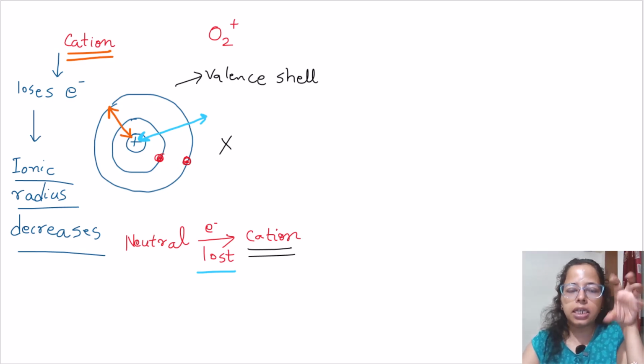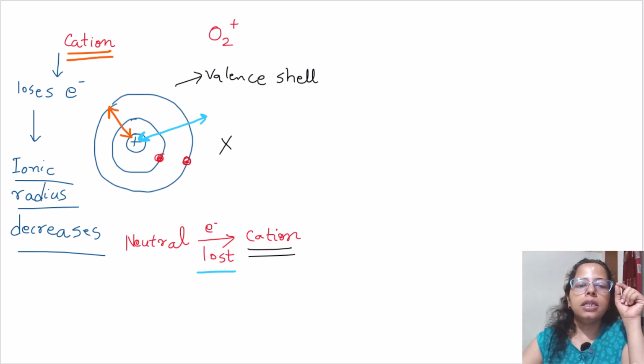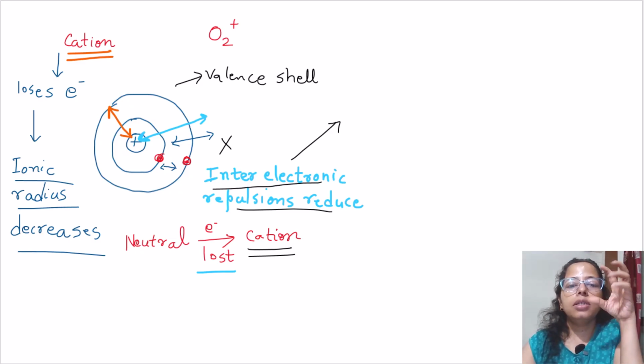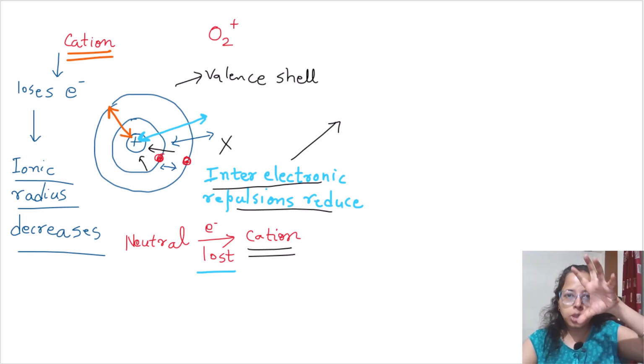That reduces the ionic radius, and also the inter-electronic repulsions that were there previously in the neutral form reduce. Due to this reduction, the positively charged nucleus now attracts the remaining electrons closer towards itself. So the ionic radius actually shrinks.